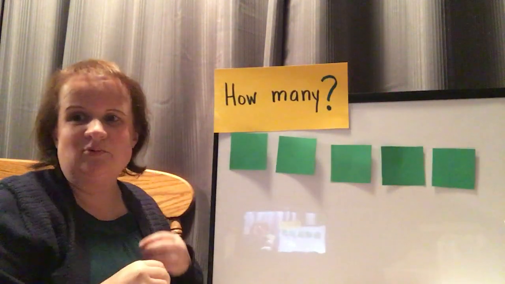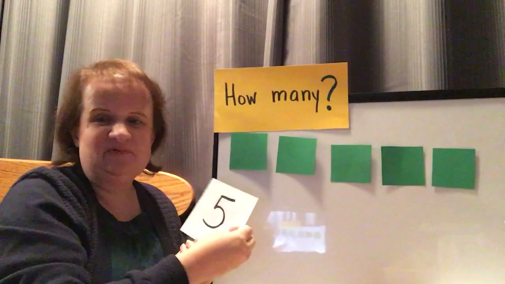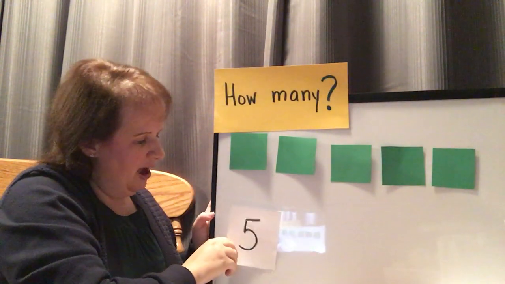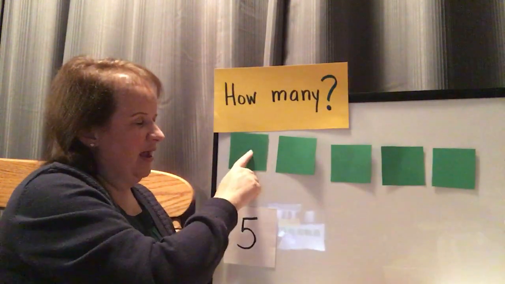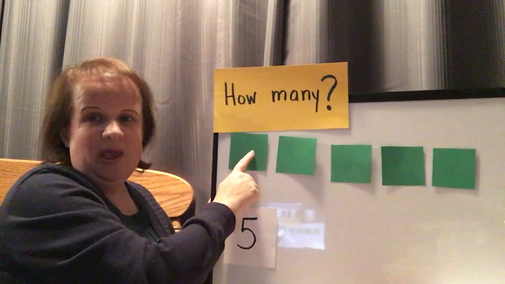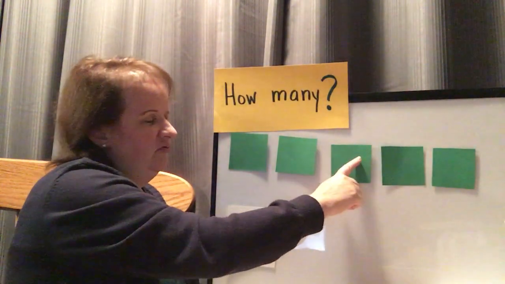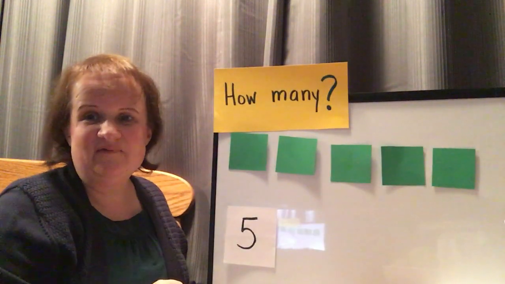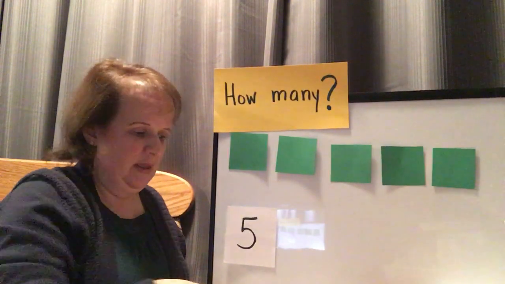You want to count out 5. How many do we need, friends? We need 5. You're going to practice counting out 5. So you'll line up your color tiles and then you'll count them. 1, 2, 3, 4, 5. 5 color tiles on your table or your board.